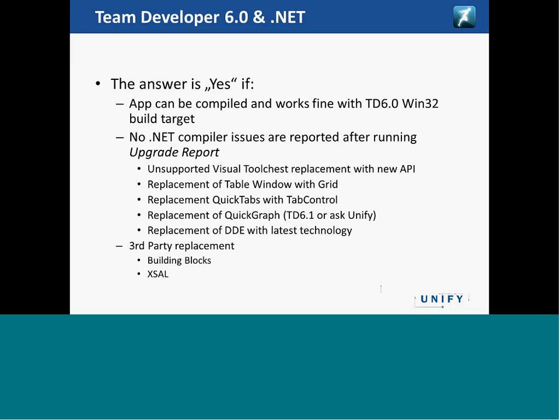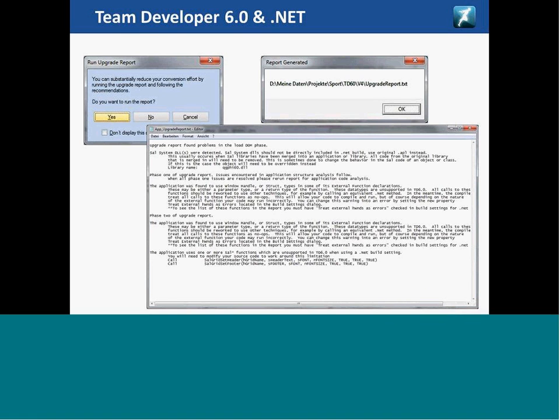So let's start with some screenshots. First, I told you you have to run an upgrade report on existing sources. If you switch the build target to .NET for the first time, you will be asked to run an upgrade report, and this is highly recommended.